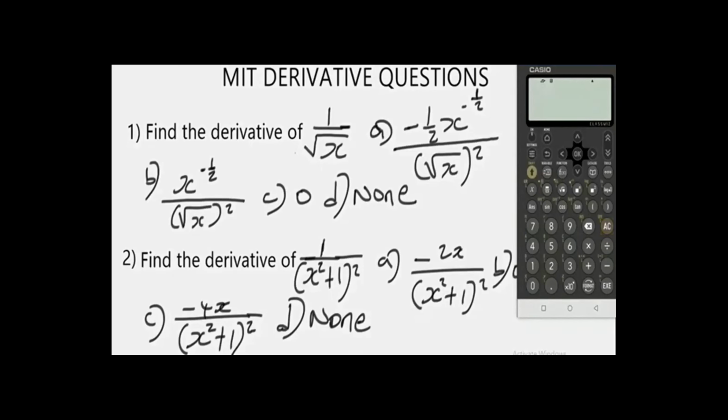For option A, we have a fraction, minus 2x over (x, shift and this button for square, plus 1, close the bracket), put the square. So let's check if this is going to give us minus 4 over 25. Exactly. So the right option for this question is option A.